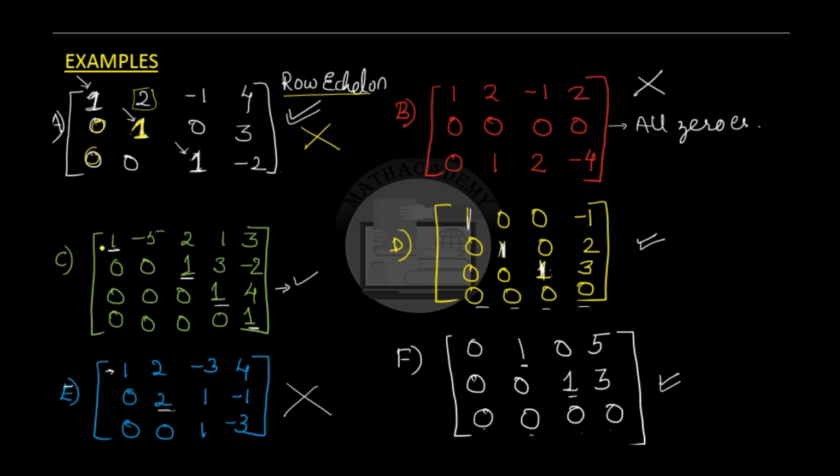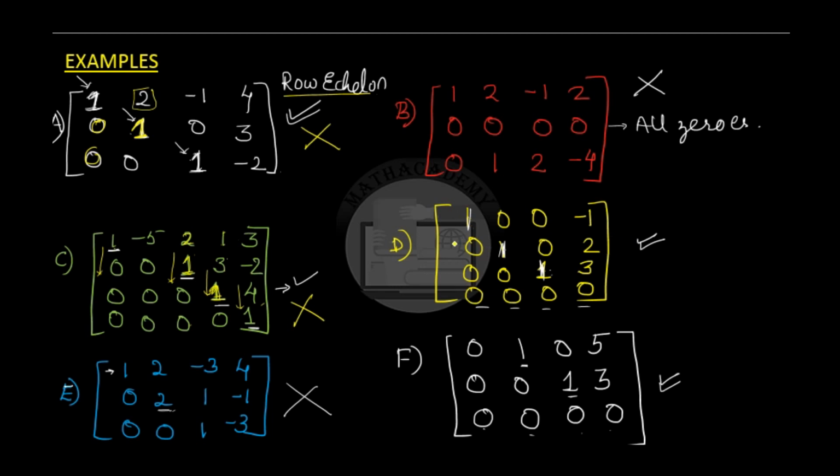Here let us look at the columns in which leading ones are there. In these columns we see that the columns don't have all the other elements as 0. If we consider this particular column, then we have 3 and 1. In column 3 with the leading one we have element 2, hence it is also not in reduced row echelon form.